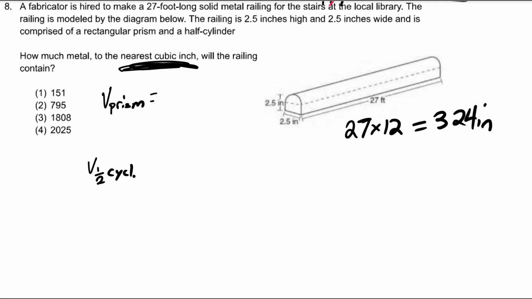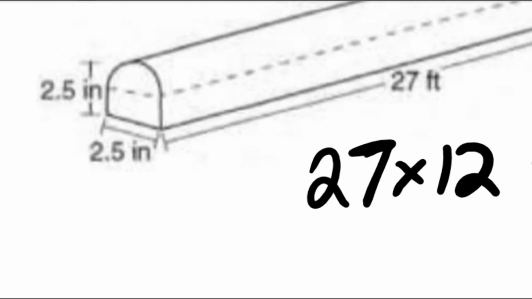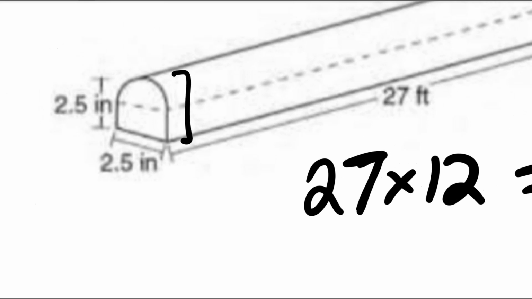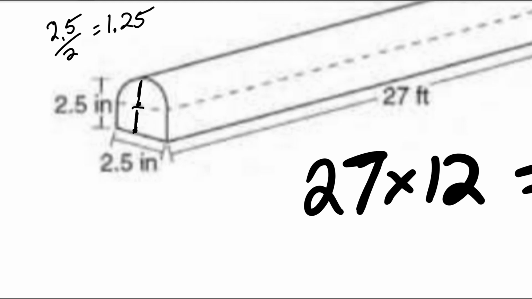Starting with the prism, I know that it's 2.5 inches wide, 324 inches long. The question is, how tall is it though? Because they only give me that from top to bottom it's 2.5 inches. So let's assume that this radius and this height are equal. So if I take 2.5 divided by 2, that's 1.25.